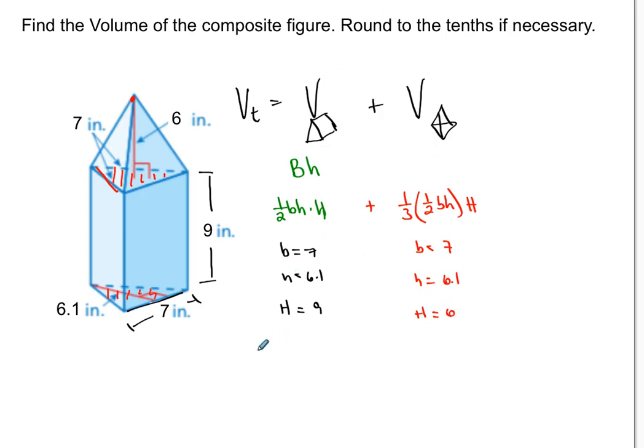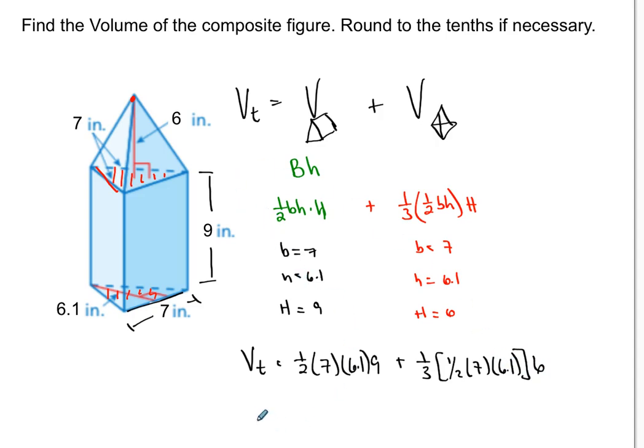So I'm going to take this total volume and do 1/2 times 7 times 6.1 times 9. That gives me the whole bottom piece, plus 1/3 times 1/2 times 7 times 6.1, and then times 6 for the overall height of this.